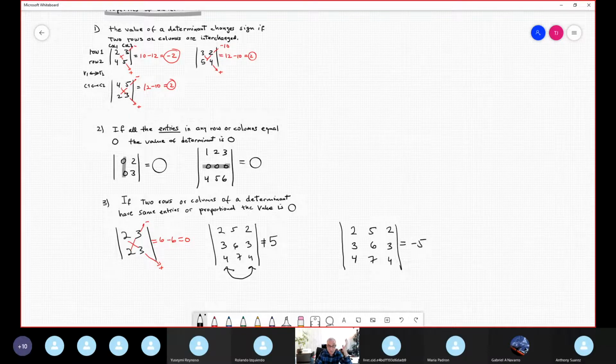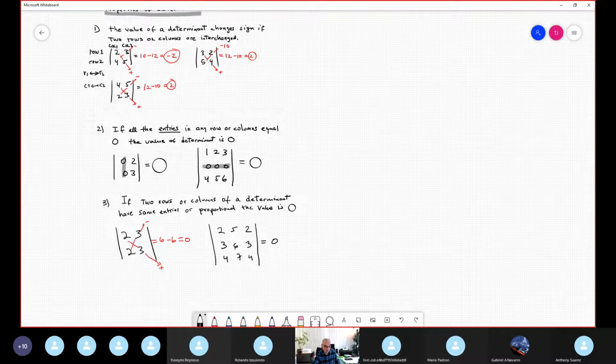However, it's a contradiction because this determinant is exactly the same as this determinant. So I suppose it is the same value, not the opposite sign. So what is the only number that stays the same when you change the sign? 0. Because 0 has no sign, no? So actually, you prove by contradiction that when you have 2 equal columns or 2 rows, the answer is 0.